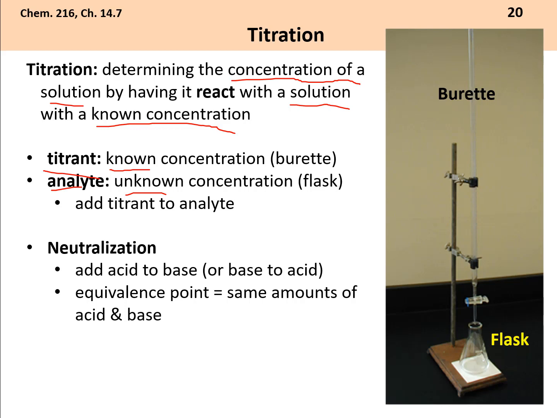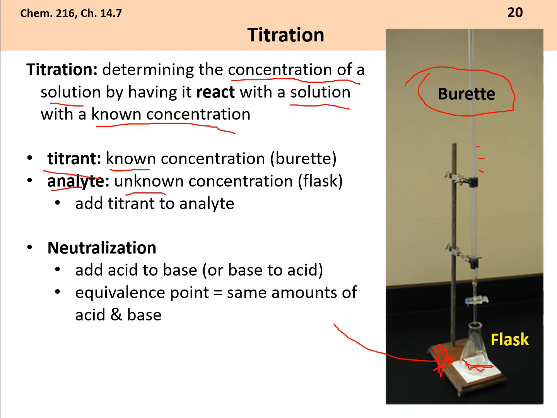Okay? Typically, the titrant is put in what's called a burette, which is a long tube that has volume markings on the side. And the analyte, the one we don't know the concentration of, we put in the flask. Okay?